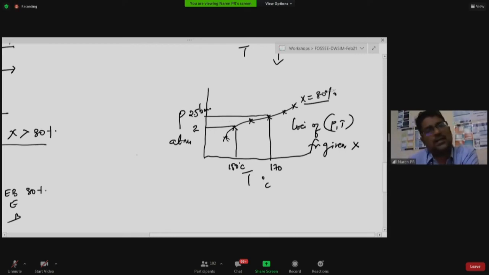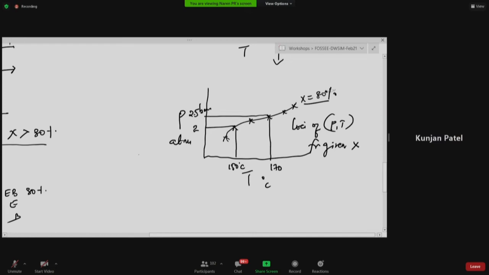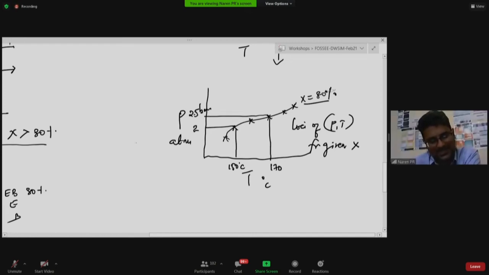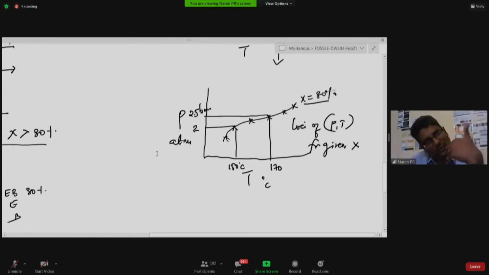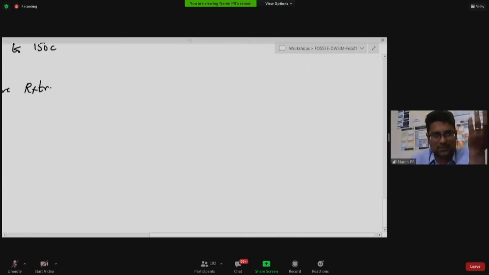Only then will you get 80% conversion. Otherwise, you will not. Right. Now, again, this is not with respect to ethyl benzene. This is just an idea I'm trying to pitch into your mindset so that you can use the tool to verify a concept, to learn the concept, and to build the tool from within.